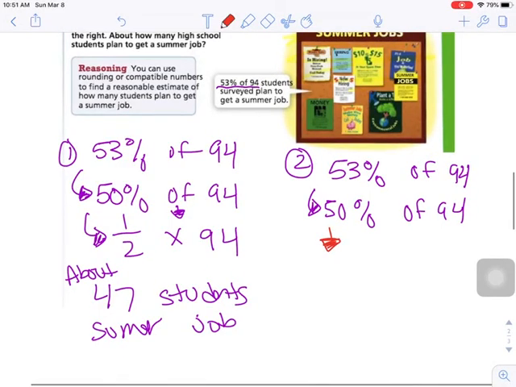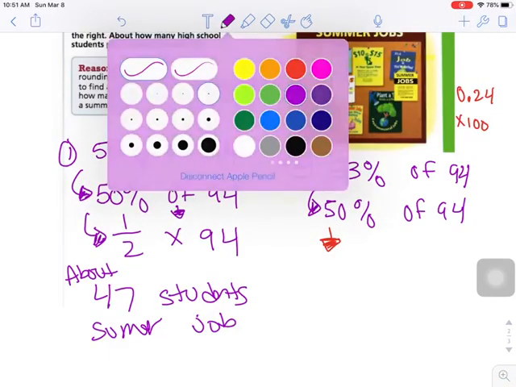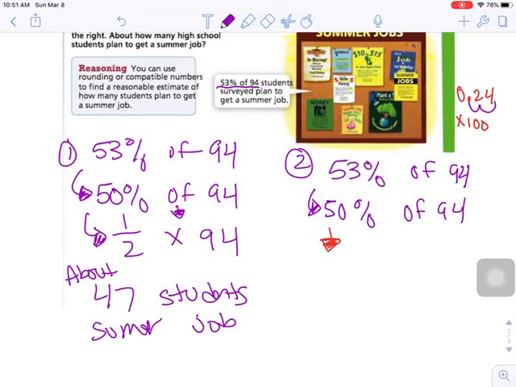So if you guys remember in our previous video, I talked about how if you have a decimal, say you have 0.24, if you wanted to turn that into a percent, you multiply by 100, which really means that you move your decimal place over twice because there are 2 zeros there.